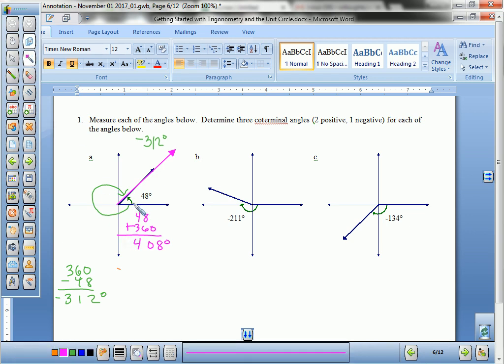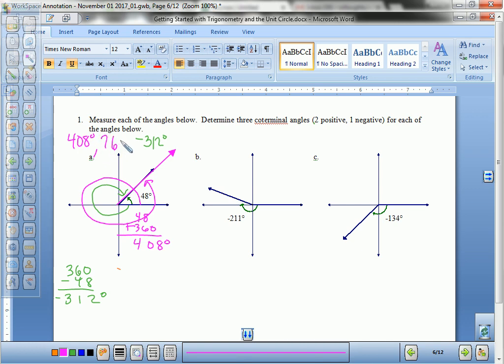See how this one is just from here to here? The second one went all the way around and back to there. So a positive angle would be 408. What would be another positive angle? 768. Just add another 360. So all we have to do is add and subtract 360.